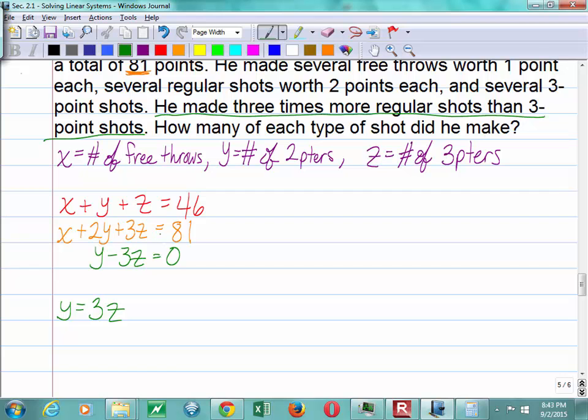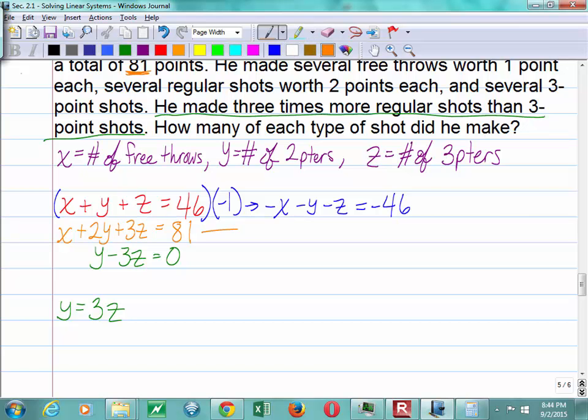Now since my third equation already doesn't have an x, I think the best thing to do would be to eliminate the x from the first two equations. To do that, I would just multiply one of them by -1. So I'm going to multiply the first equation by -1, which gives me negative x minus y minus z equals -46.